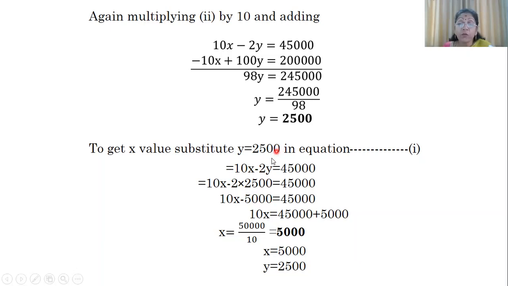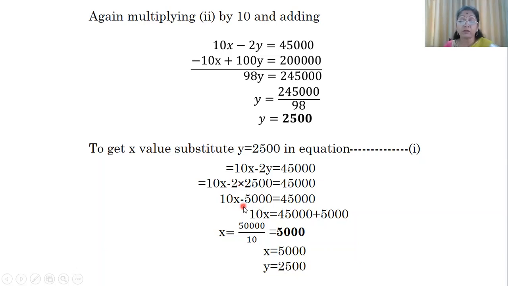What is 2,500? It is y's value. Okay, equal to 45,000. Then we have to find the x value. How are we finding the x value? 10x minus 5,000 is equal to 45,000. How did we get the 5,000?